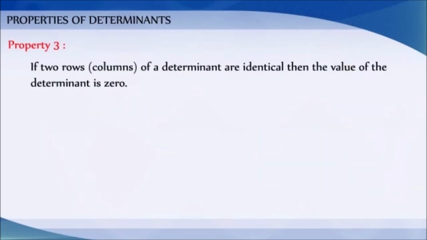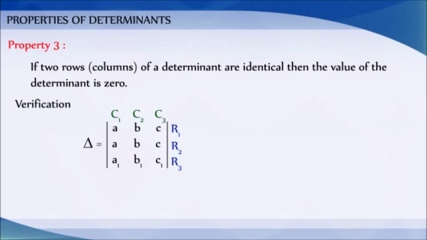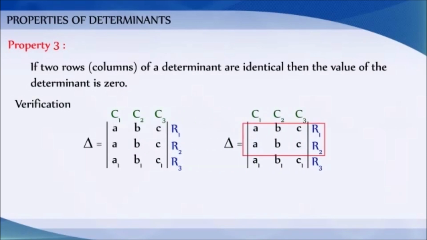Property 3. If any two rows or columns of a determinant are identical, then the value of the determinant is 0. If we interchange the identical rows or columns of determinant delta, then delta does not change. However, by property 2, it follows that delta has changed its sign. Therefore, delta is equal to minus delta, which implies delta is equal to 0.